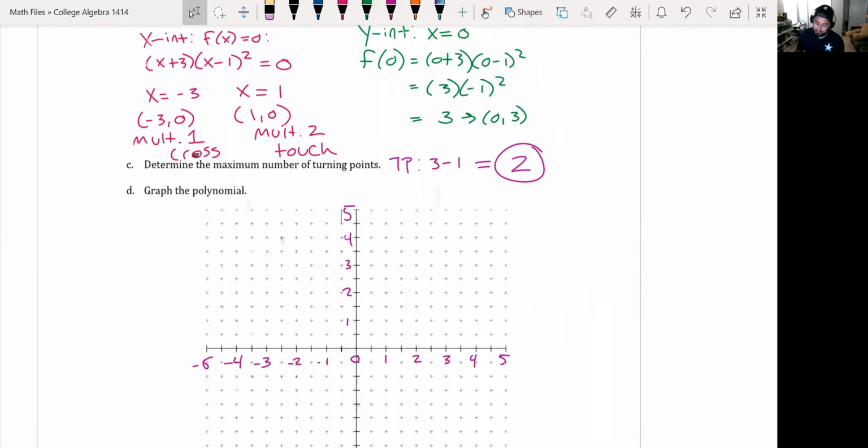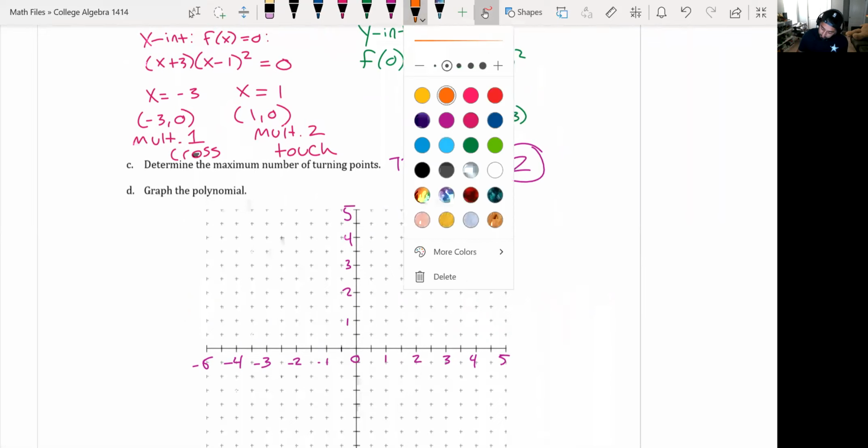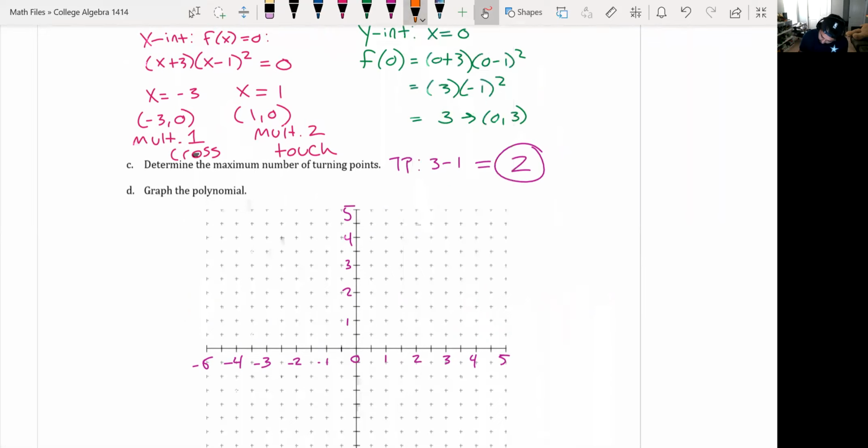Plot my x-intercepts: one at -3 and another at 1. My y-intercept is at 3. And we are now ready to graph.